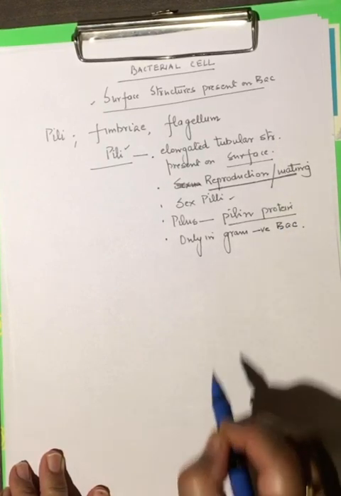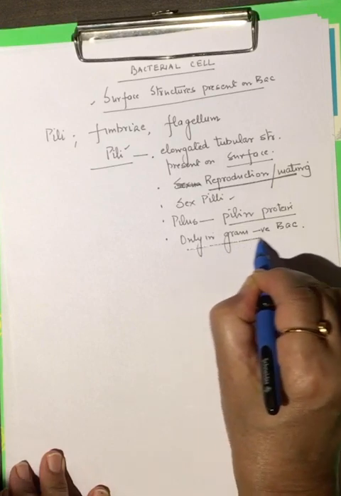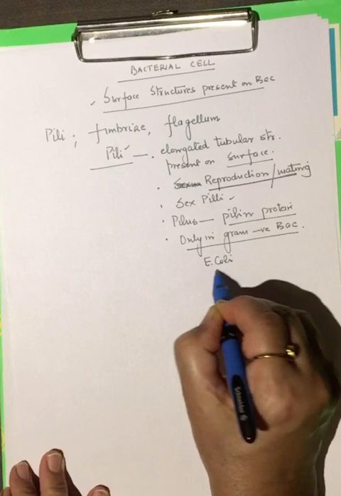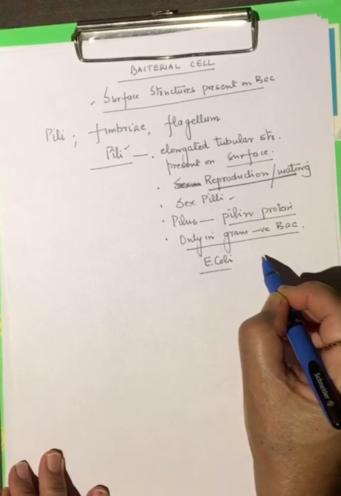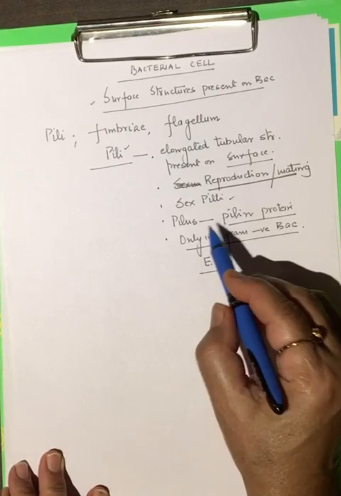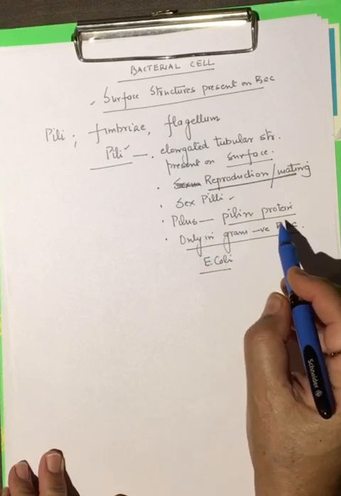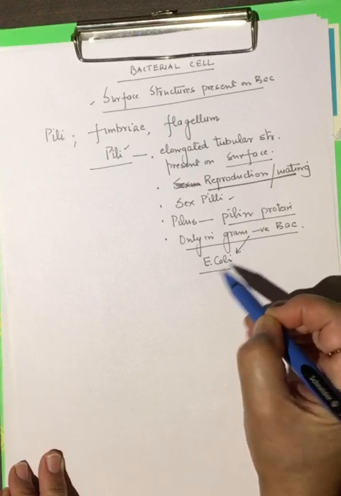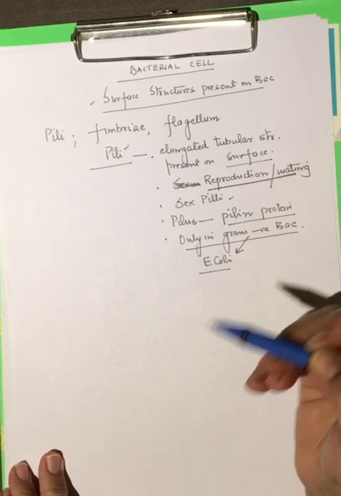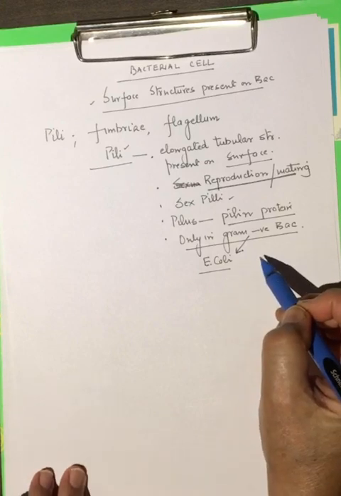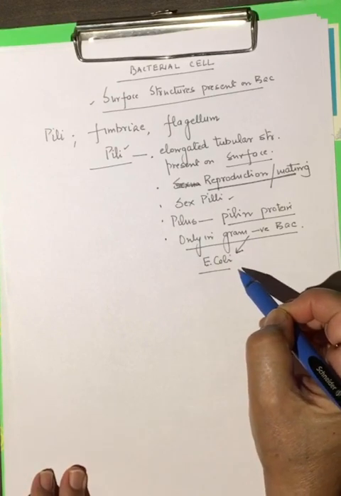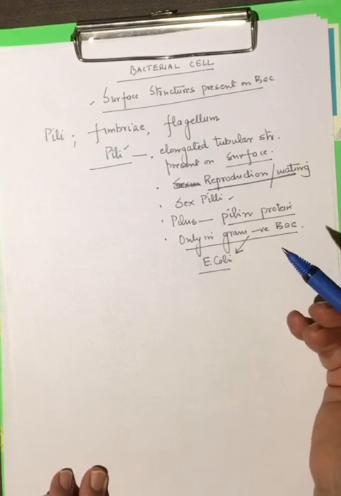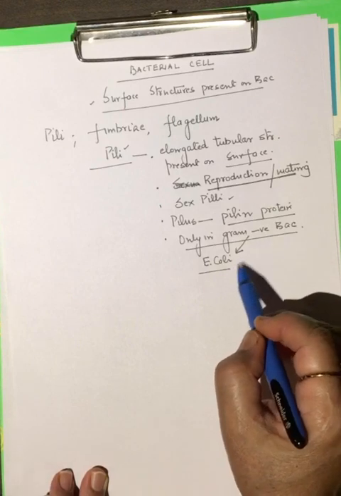One of the gram-negative bacteria is E. coli, in which the pili have been very extensively studied. They may be present in many other gram-negative bacteria, but E. coli is one of them.